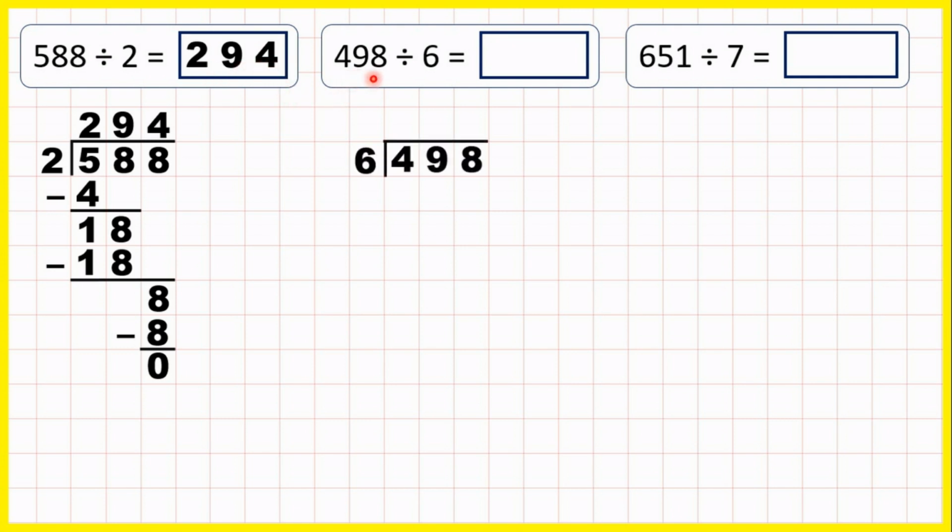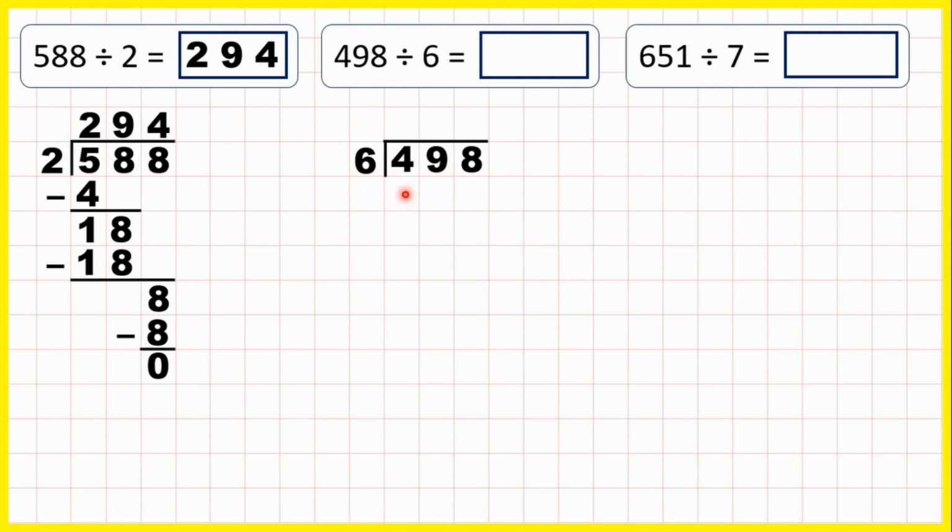Now 498 divided by 6, so we can write the question out in the same way. Now if we take our first digit, we have 4 divided by 6, but 4 is less than 6. So when the first digit is less than the divisor, what we can do to save time is take the first 2 digits together and divide 49 by 6.